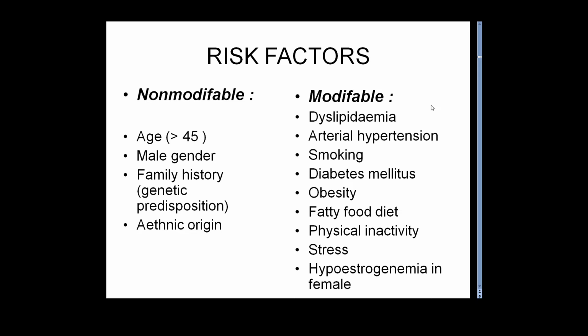Modifiable, controlled risk factors include dyslipidemia at first, arterial hypertension, smoking, diabetes mellitus, obesity, fatty food diet, physical inactivity, stress, and hyperestrogenemia in females. These are the risk factors of ischemic heart disease.